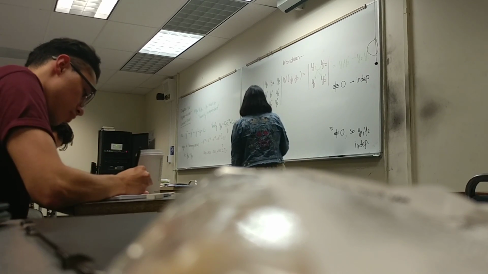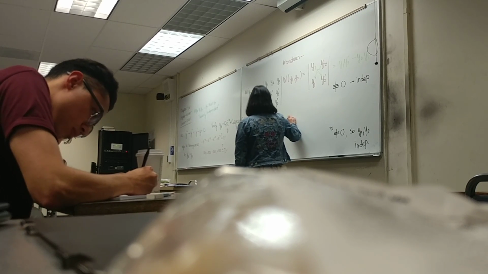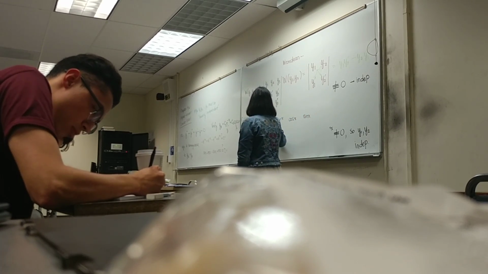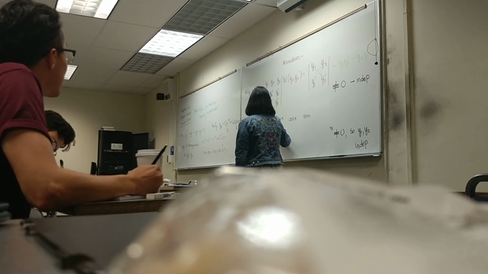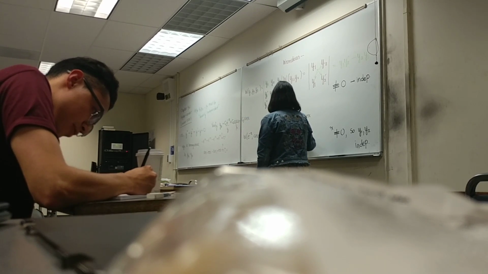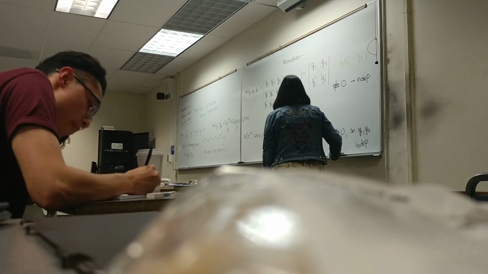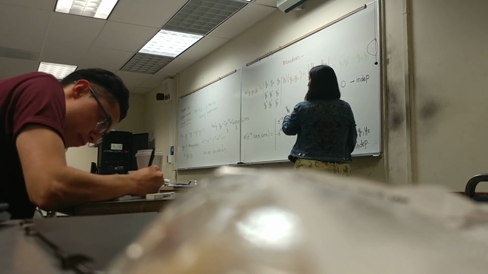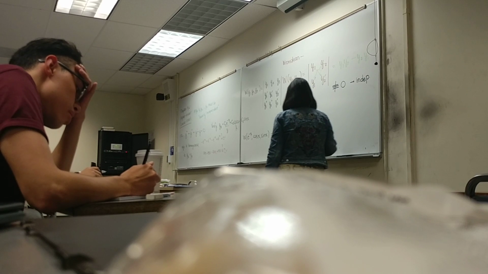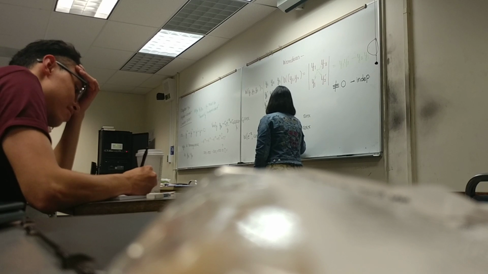Top row, all 3 functions just get written down. Second row, all of their derivatives. Negative e to the negative x, negative sine x, and then this derivative is positive cosine x. And then the next row is all of their derivatives. e to the negative x, negative cosine x, negative sine x.